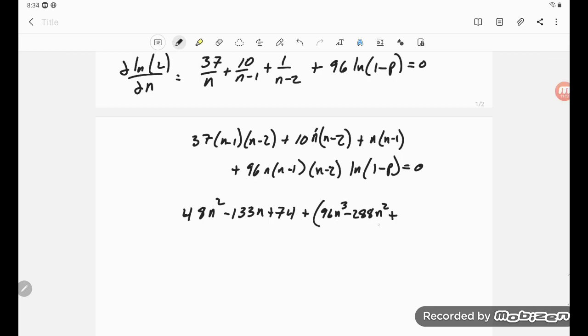Yeah, I dropped an n on there, so I get 192n. Then all times natural log of 2n minus 1 minus log of 2n equals 0.